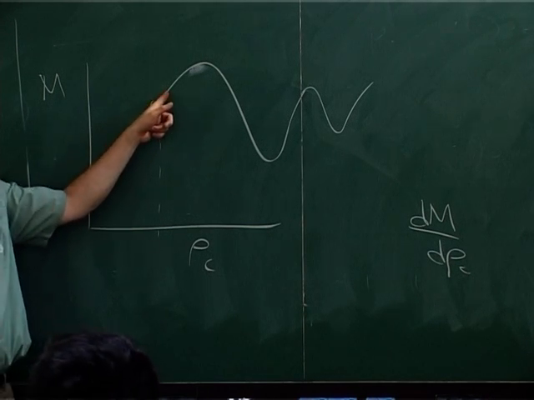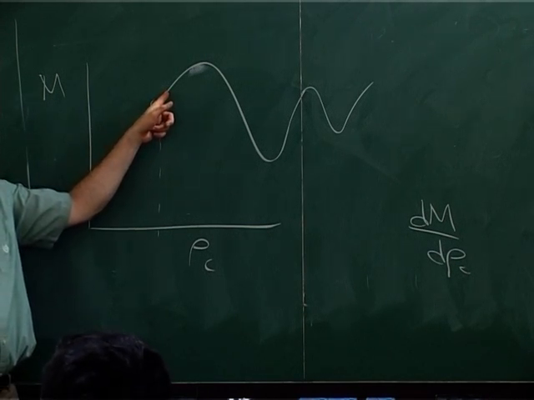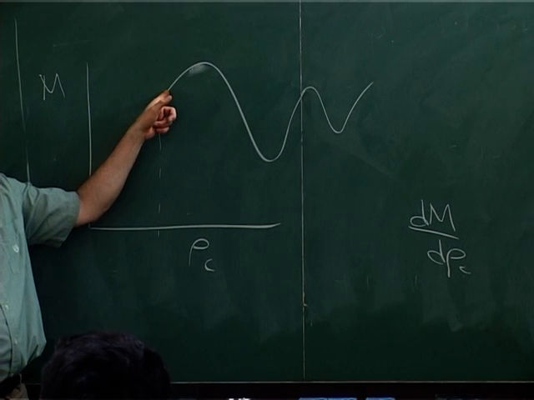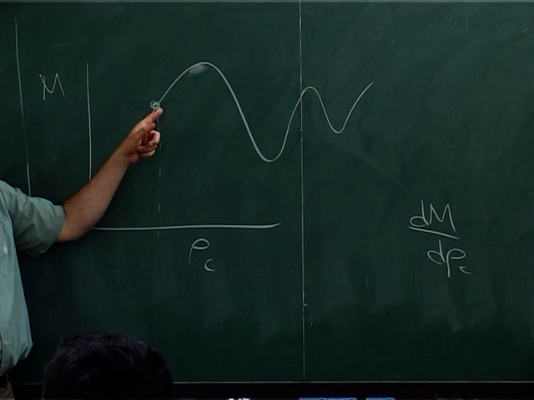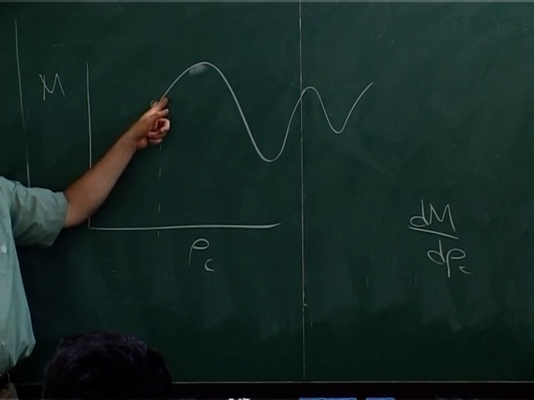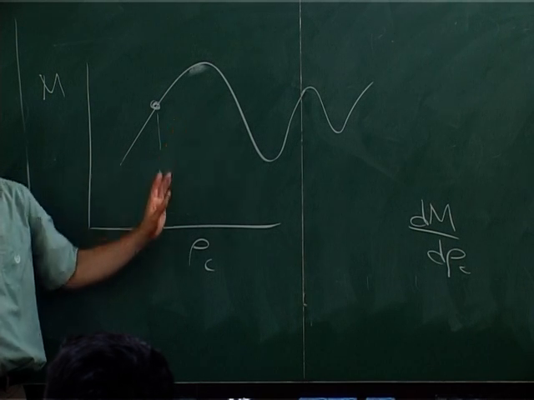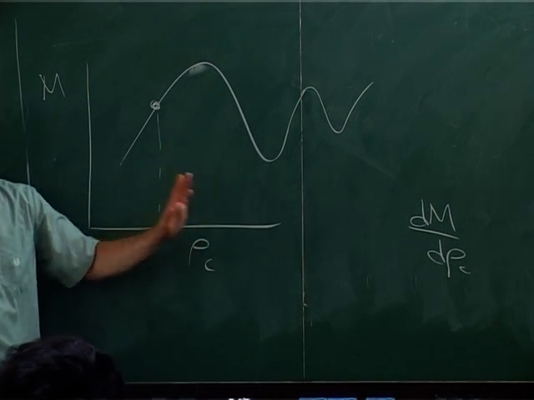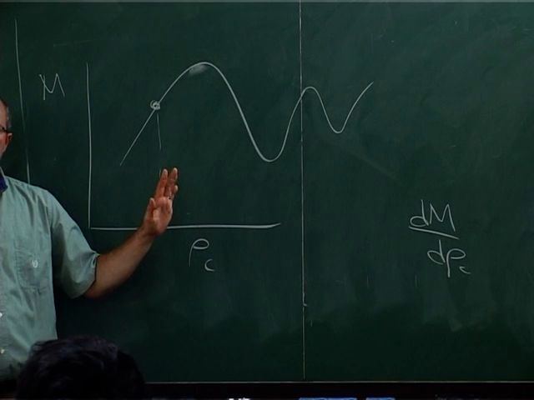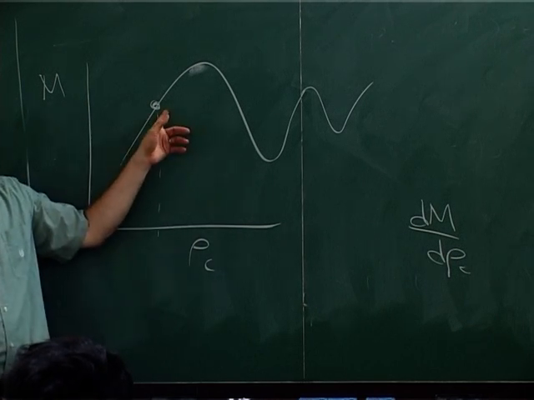It also increases, right? So this is a perturbation that would be stable, because I increase the central density and the mass energy goes up. That's not something that wants to happen spontaneously. And so this star would be stable.